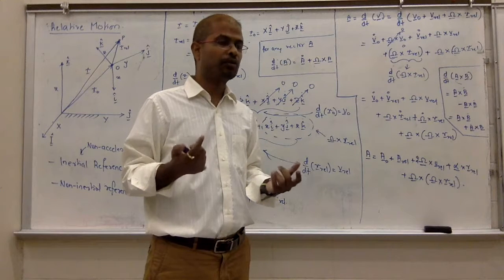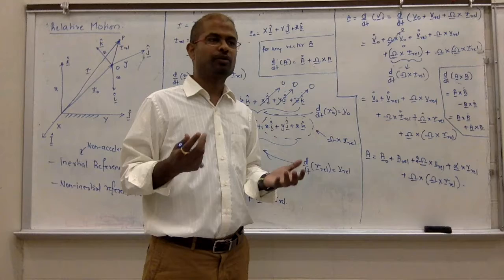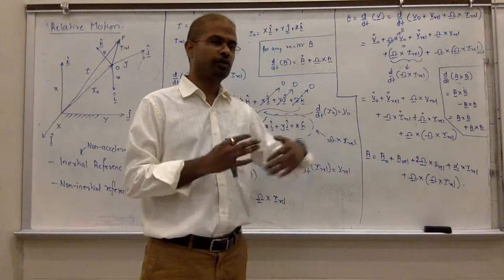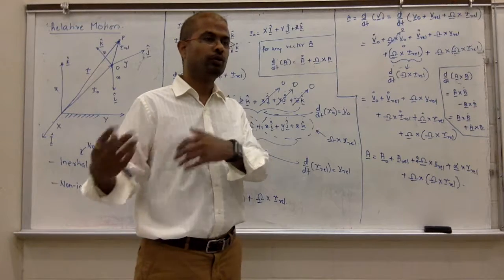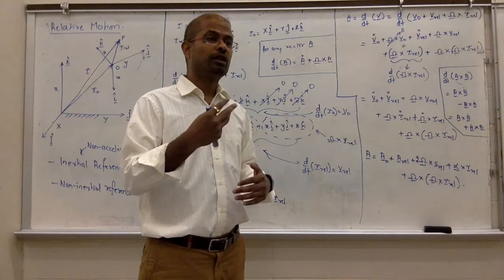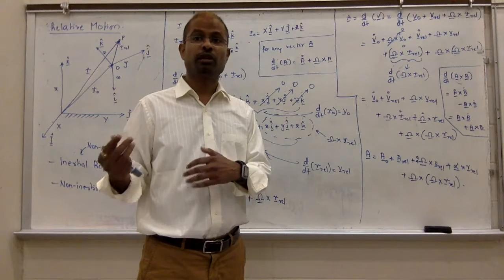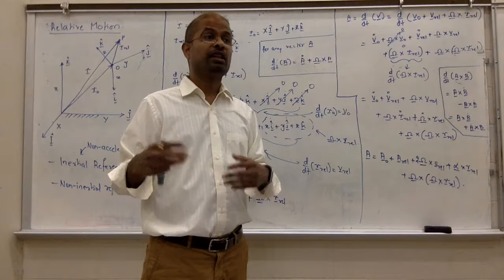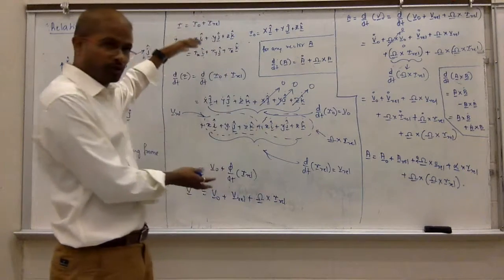Can you know absolute? There is nothing like absolute. You'll always want to know relative to something: relative to Earth, relative to Moon, relative to Mars. When you talk about other planets, you say relative to Sun. Sometimes you want to know relative to Earth. So it's always relative motion, always relative position.